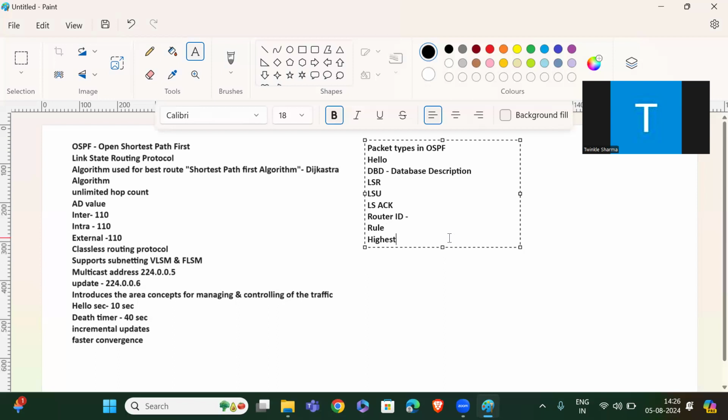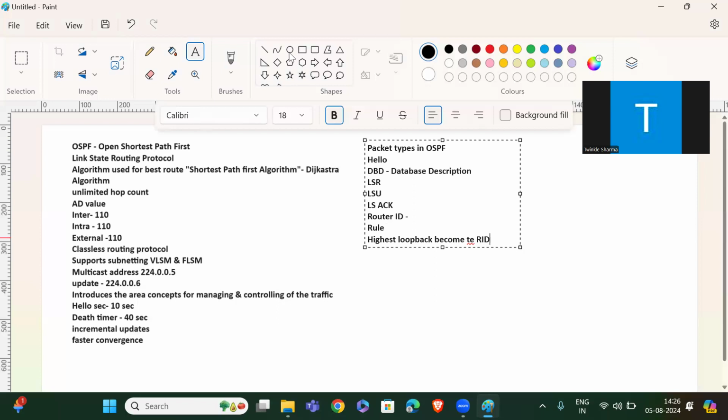And if a loopback interface is not available, then the highest interface IP will be the router ID.